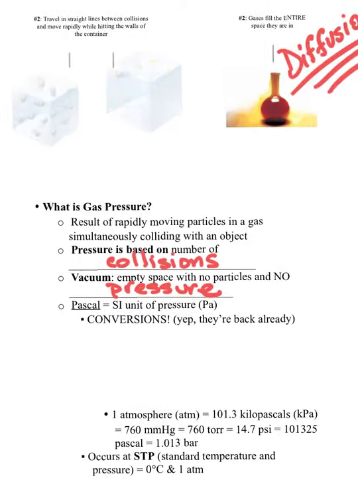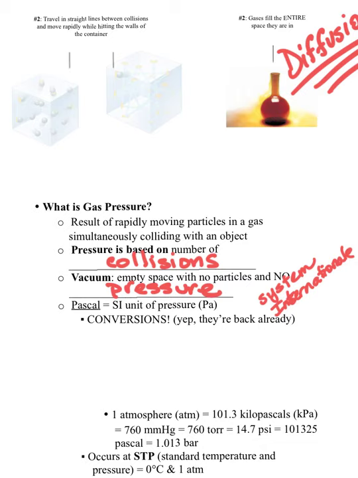The SI unit for pressure is the Pascal, and SI, if you remember at the very beginning of the year when we studied the metric system, stands for the System International. It's the revised metric system.